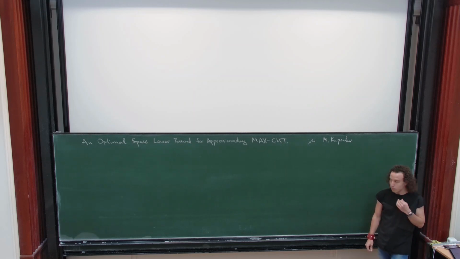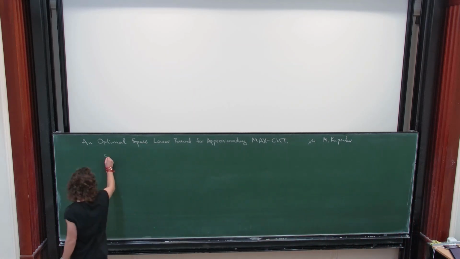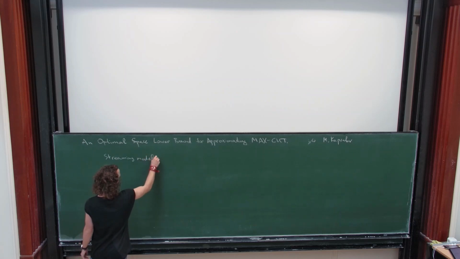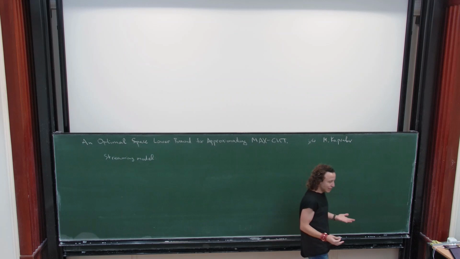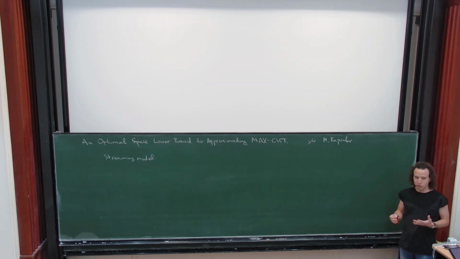Let me start by describing what the problem is. I will first start with describing the model. The model we work with is the streaming model. More classically, when you run an algorithm, most often you care about the time complexity of your algorithm, so you want your algorithm to be fast.